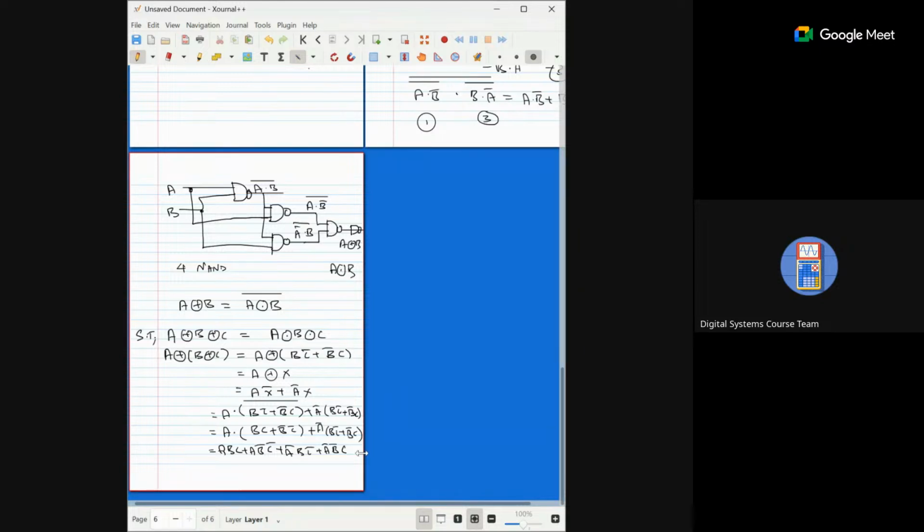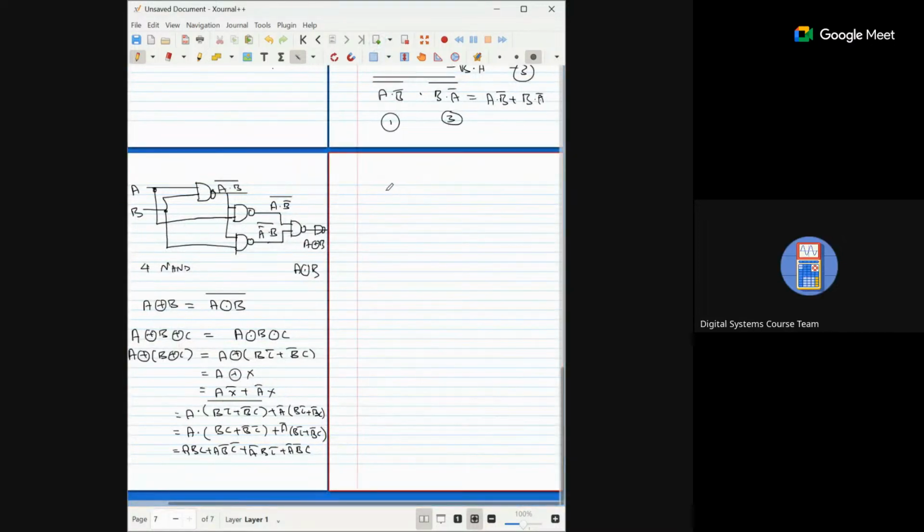Is it okay? It's a simple question. Now I'm taking C as common. If I take C as common, I can write AB plus A bar B bar. Am I right? Yes, sir.